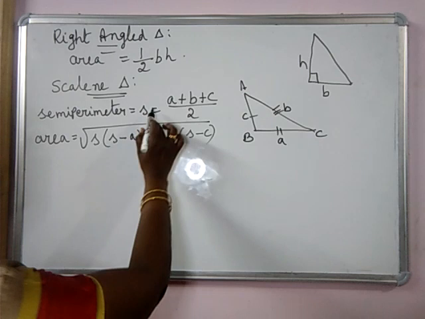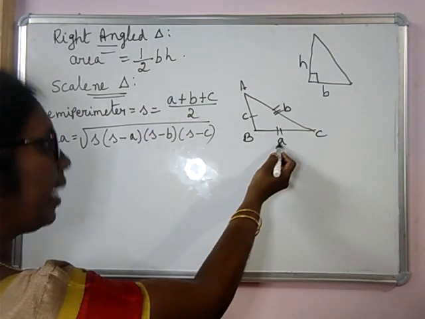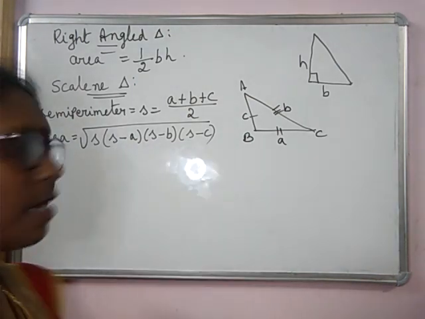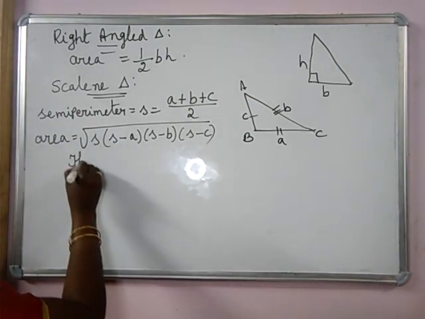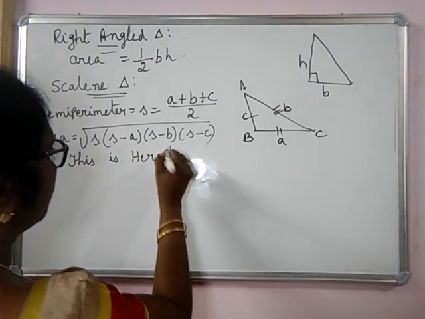That means square root of semi-perimeter into semi-perimeter minus each of the sides, the product of the semi-perimeter minus each of the sides. And this formula is otherwise known as Heron's formula.